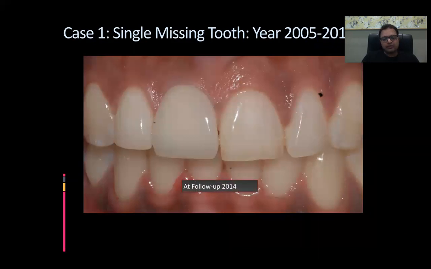And by the time we followed her up last in 2014, you can see that the peri-implant mucosa around tooth number 21 looks very stable. However, it doesn't have the kind of stippling that is observed around the natural 1-1. 2-1 obviously shows no stippling or minimal stippling as compared to the adjacent natural teeth.